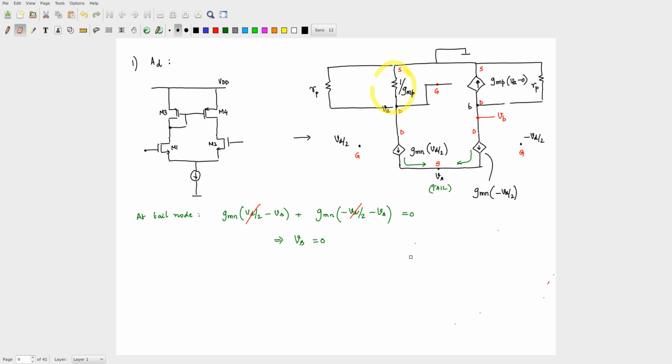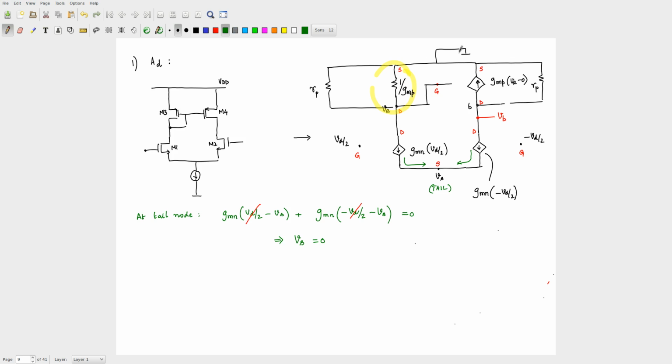Now can you calculate what VB should be? Before we get VB, maybe we should get what VA is. What is VA now? You have a current of GM into VD by 2 flowing this way, correct?